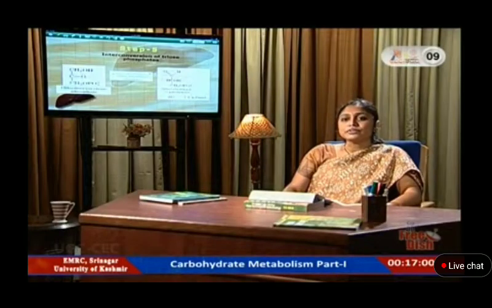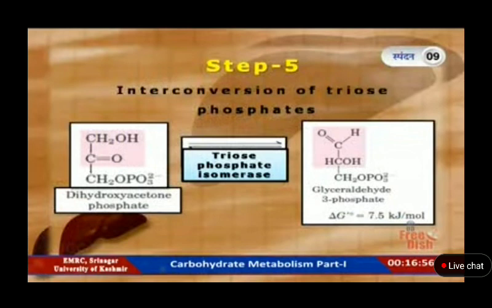The enzyme triose phosphate isomerase converts dihydroxyacetone phosphate into glyceraldehyde 3-phosphate. So after the fifth step of glycolysis, now we have two molecules of glyceraldehyde 3-phosphate.